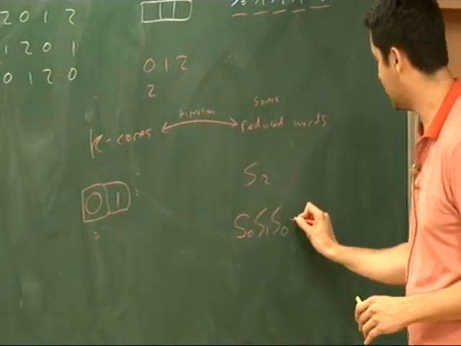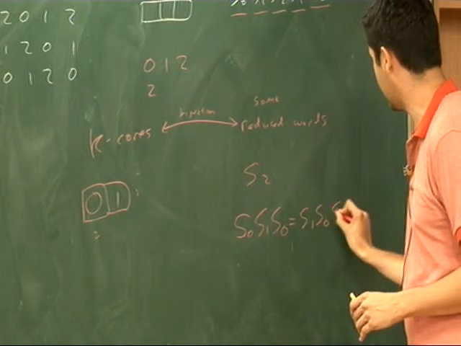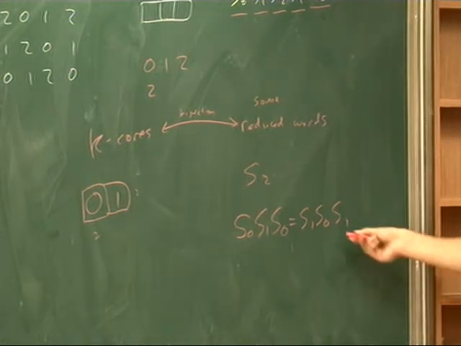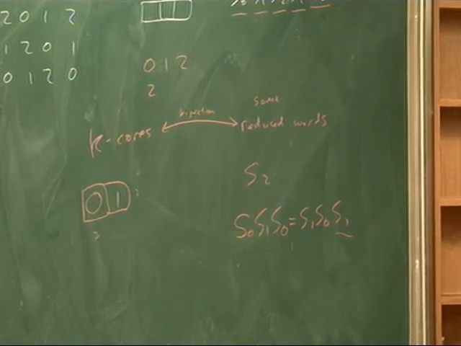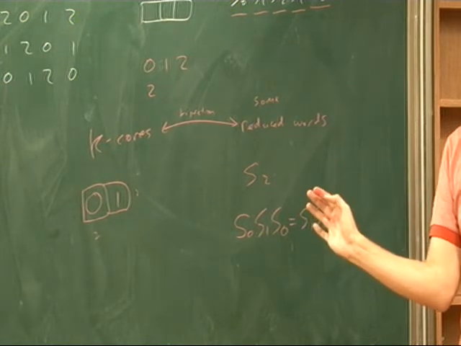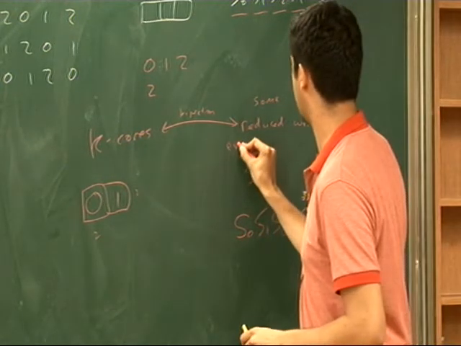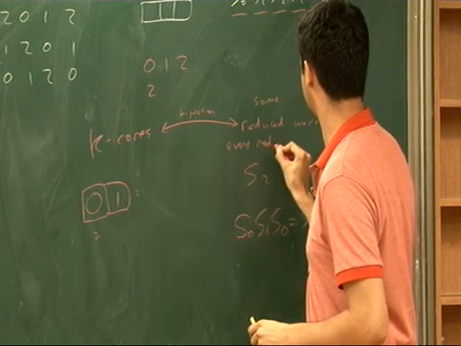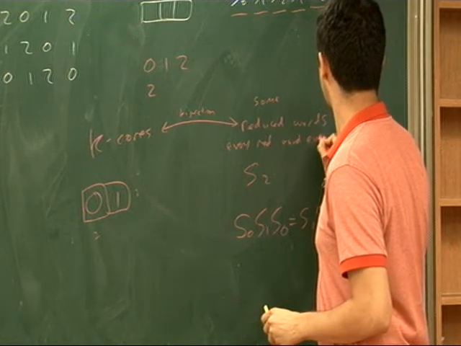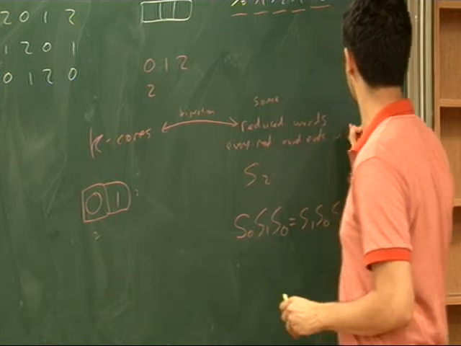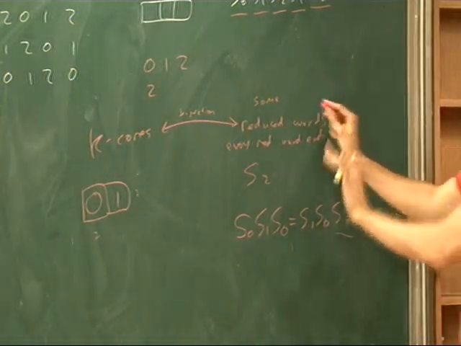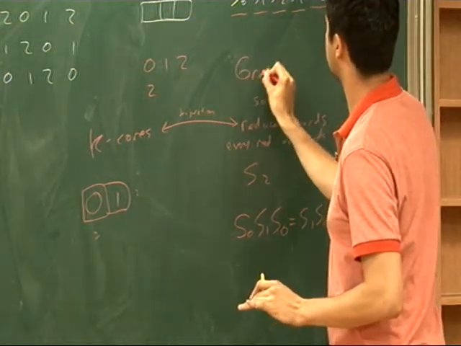Why is that? Because by the braid relation, this is S1, S0, S1. And that's no good. So I need that every reduced word ends in 0, in S0. And that's enough. These are called Grassmannian words.